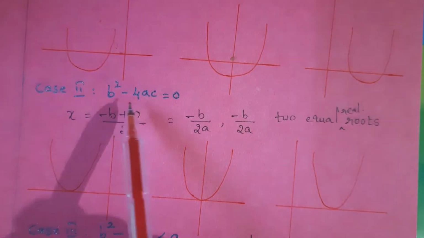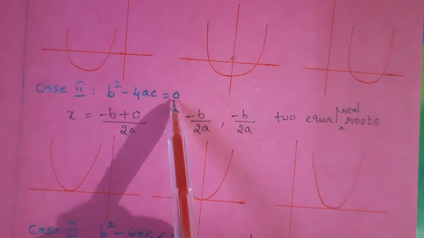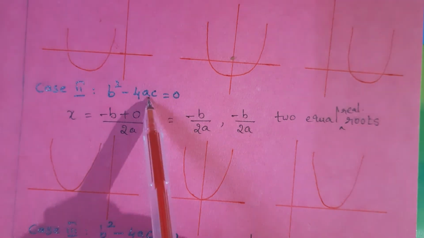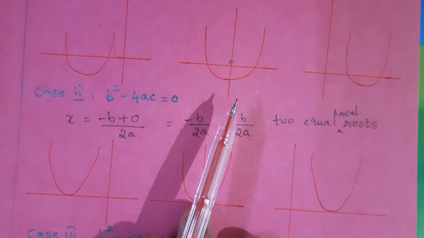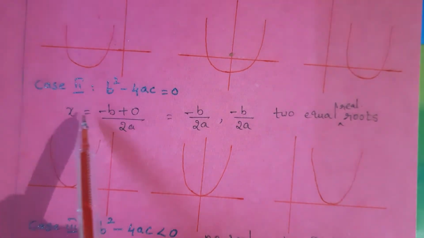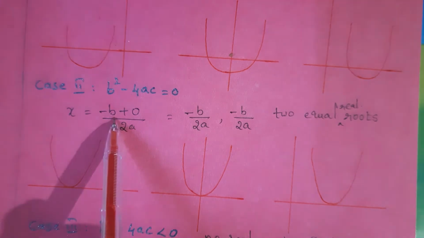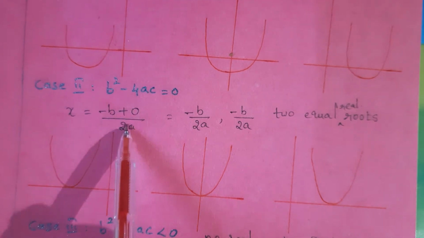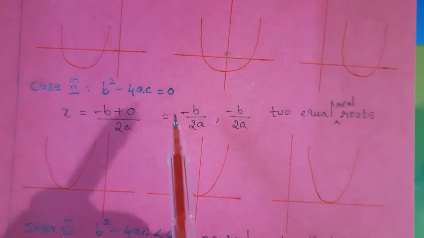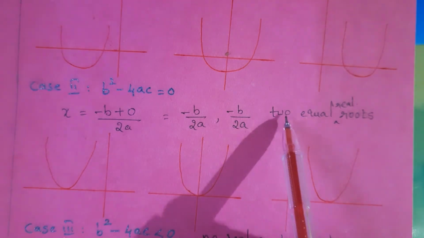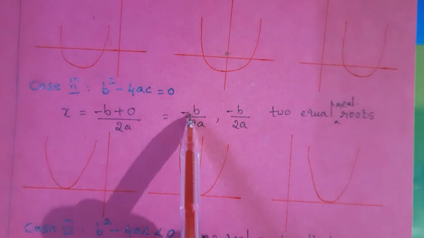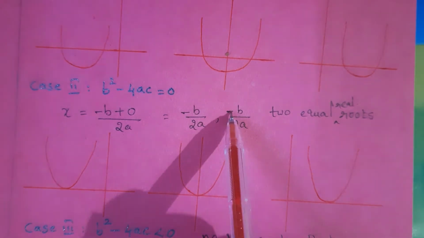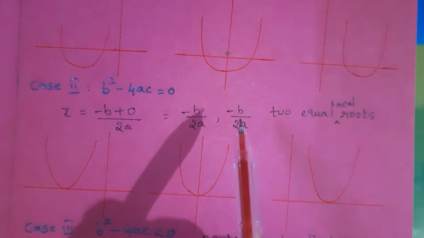b² - 4ac equal to 0. If we substitute this in the formula, then the roots are x = (-b + 0) / 2a. Therefore, the roots are two equal real roots, and they are -b/2a and -b/2a.